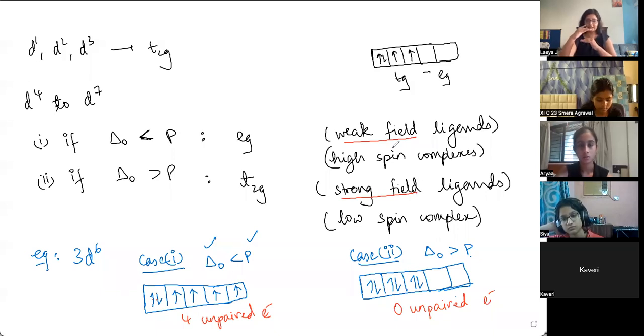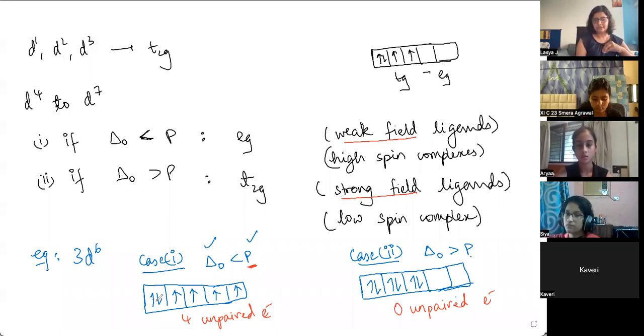If not exactly equal, they'll be almost at the same level, which is where your pairing energy comes into the picture. Pairing energy is the energy required to pair up an electron. So if it is a weak field ligand, then delta naught is low, like it's easier to reach the Eg orbitals than it is to pair an electron in the same orbital.